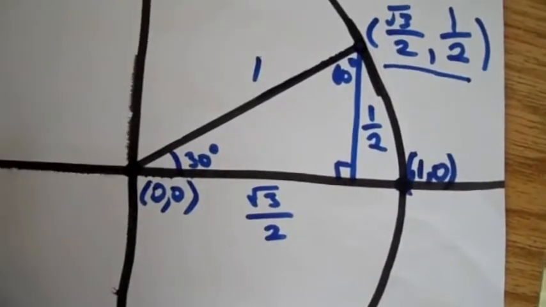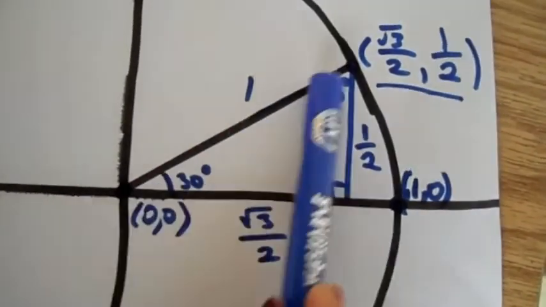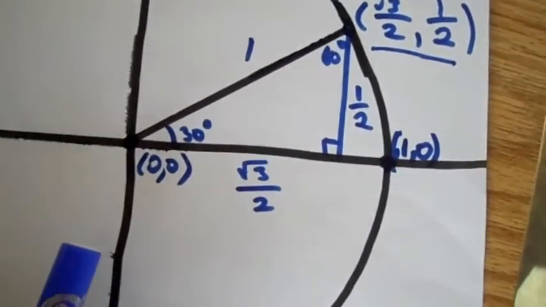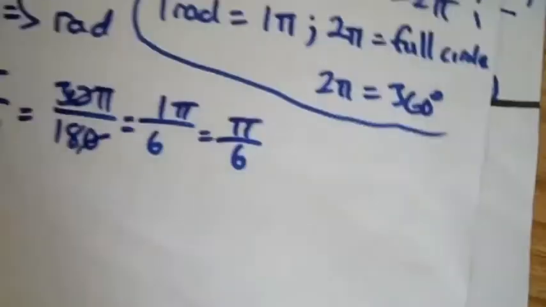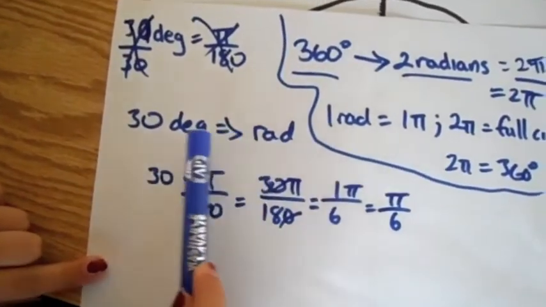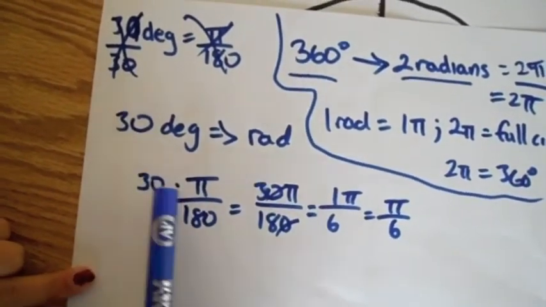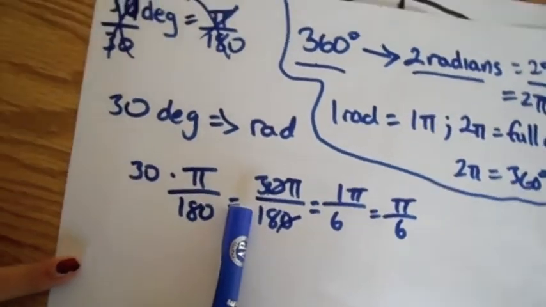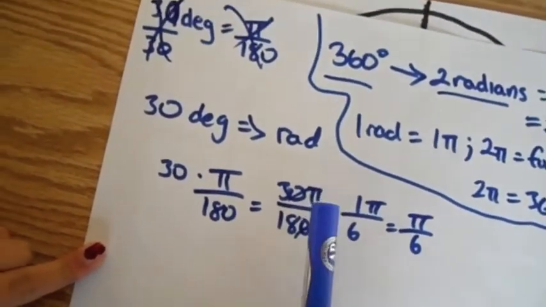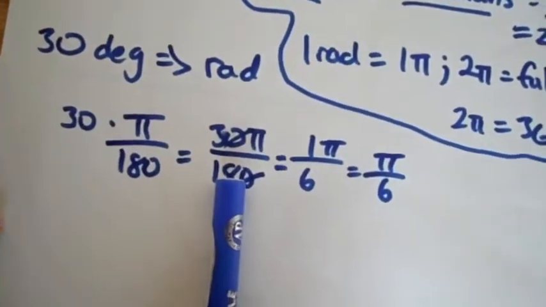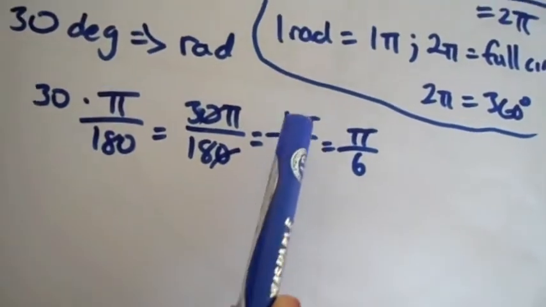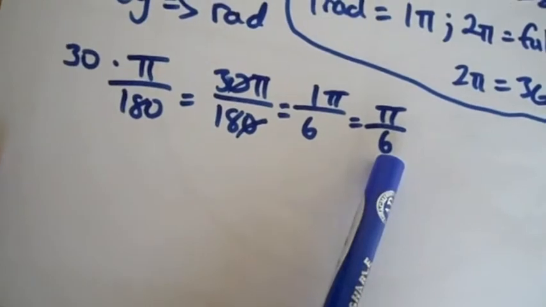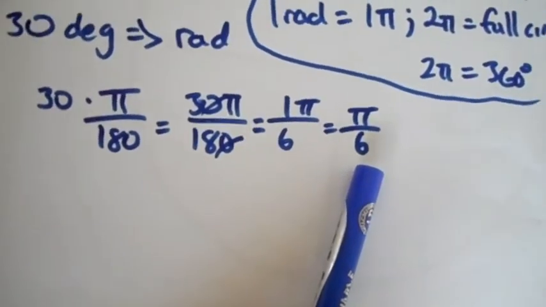For example, in a circle, this triangle right here is a 30, 60, 90 triangle. To convert from degrees to radians, you put 30 times pi over 180 equals 30 pi over 180, which simplifies to pi over 6.